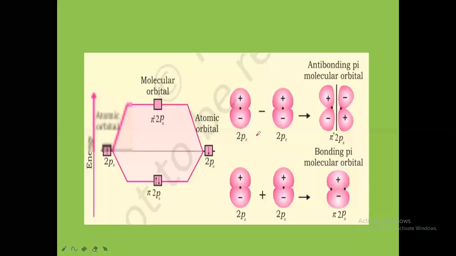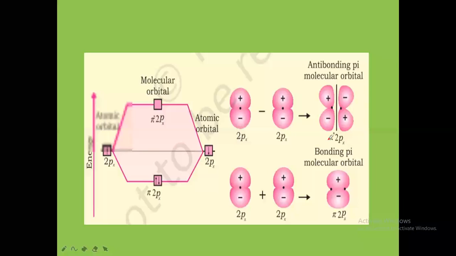Next here. Now if you take 2px versus 2px, when 2px and 2px combine from two atoms, two types of molecular orbitals will be possible to form. Pi 2px may be formed, pi star 2px may be formed. When 2px and 2px overlap with each other, we get what? Pi 2px, pi star 2px, between two p orbitals.